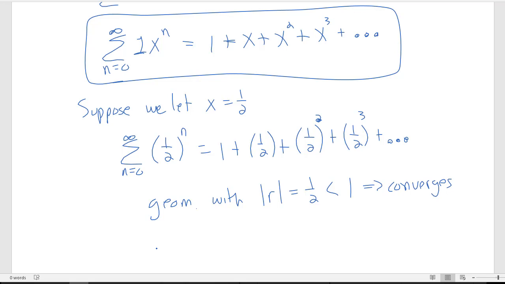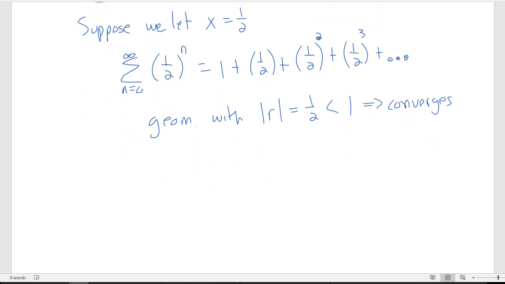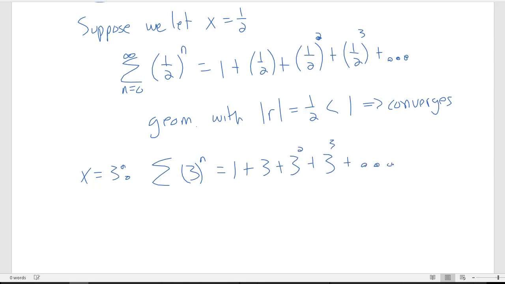Let me back up a second. We plugged in x equals 1/2 here. What if I plug in x equals 3? Then we get the sum of 3 to the n, that's 1 plus 3 squared, 3 cubed, and so on and so forth. Again, that is geometric, and the r, in absolute value, is 3.